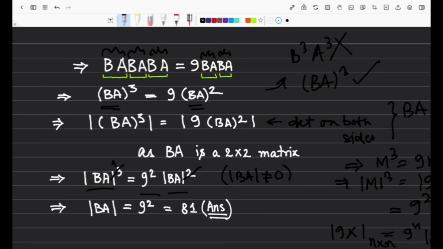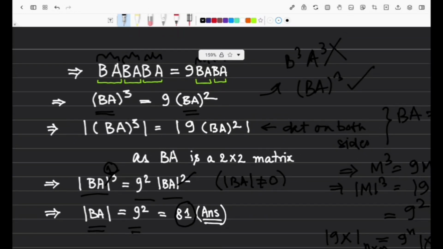So here it will be 1 remaining. So after that, we get that determinant of BA is equal to 9 squared, that is equal to 81, right?